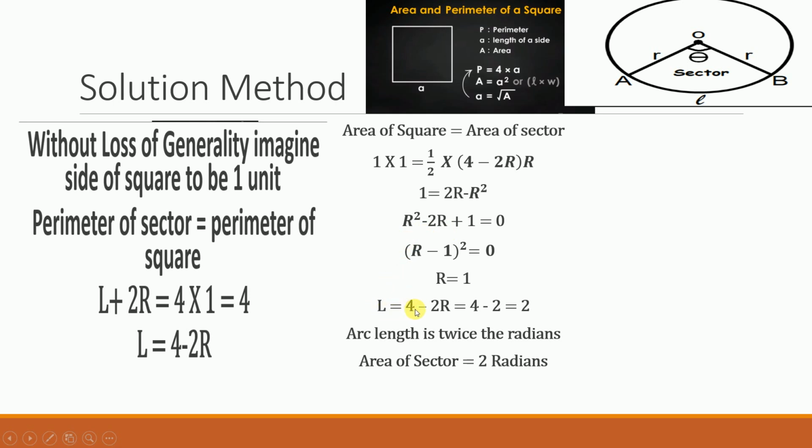Here length of the arc is twice the radius. That means angle of sector is 2 radians. That means if both areas and perimeters of sector of a circle and square are equal, then the angle at the center subtended by the arc of the sector must be 2 radians.